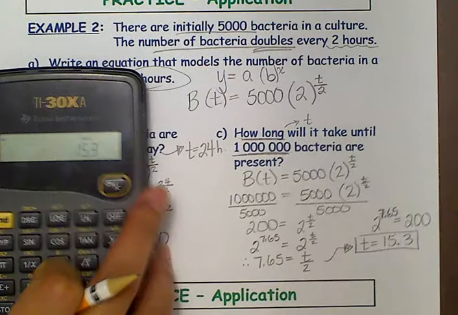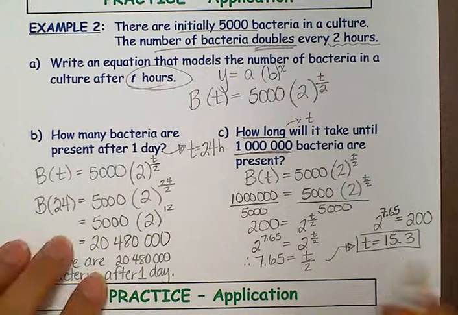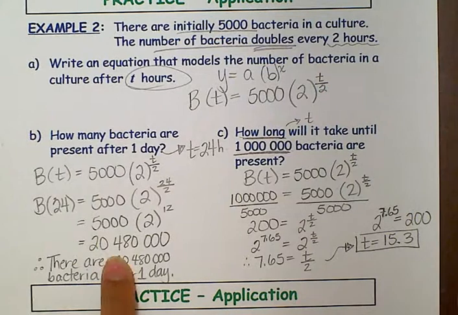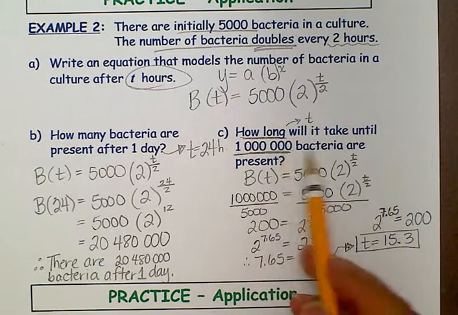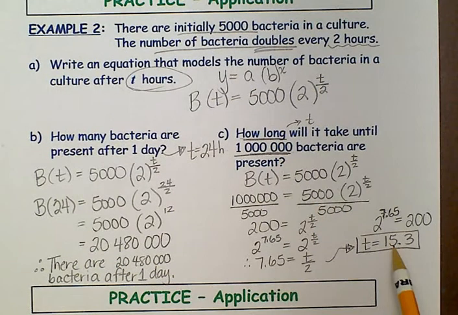And if I compare it to part B again, the number of bacteria in 24 hours is 20,480,000. But we only wanted to know how long it takes for it to become 1 million. Because this is much less than 20 million, we knew it would take much less time than 24 hours.